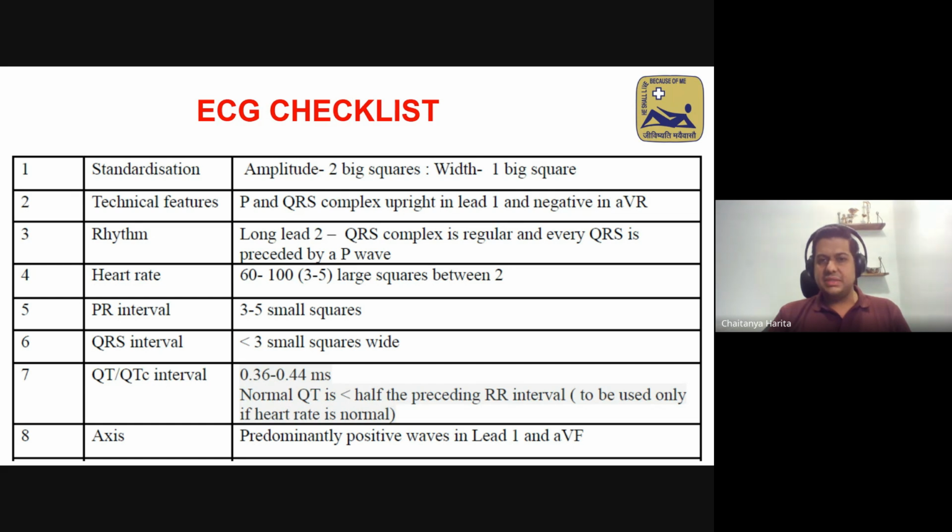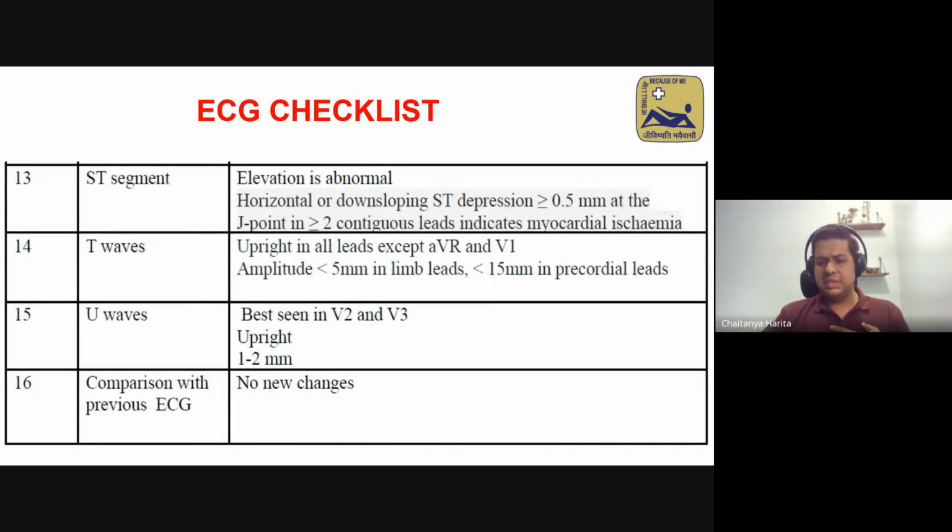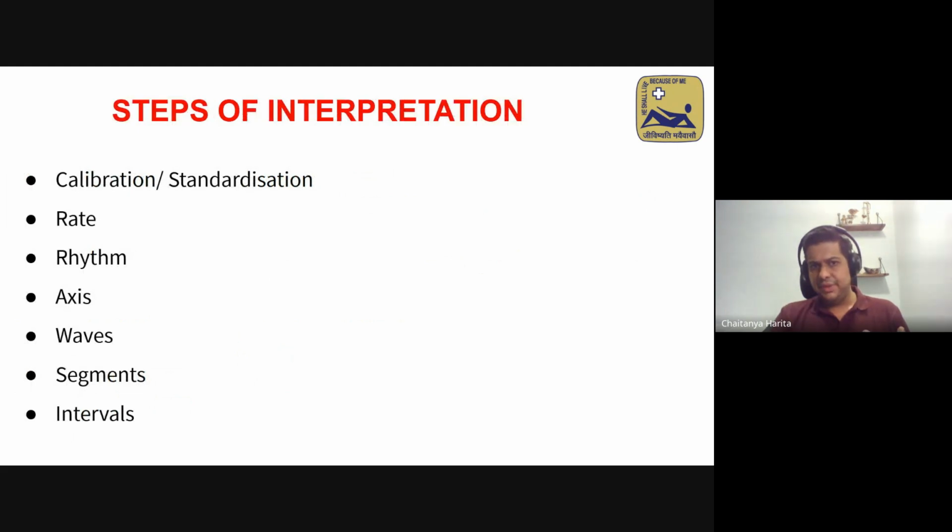The reason I put up the ECG checklist again is to basically emphasize that if you read an ECG, follow a particular format. This format is easy to apply because it basically follows an electrophysiological pattern. But once you start doing this and you do about 10 or 12 ECGs with this particular checklist, you'll make it a habit. And once you make it a habit, you will not miss anything which is gross. So this is just basically a revision of the checklist.